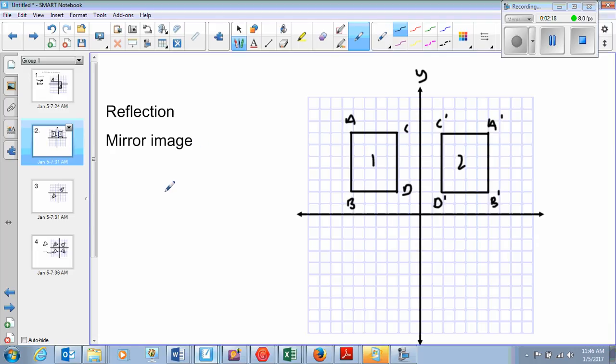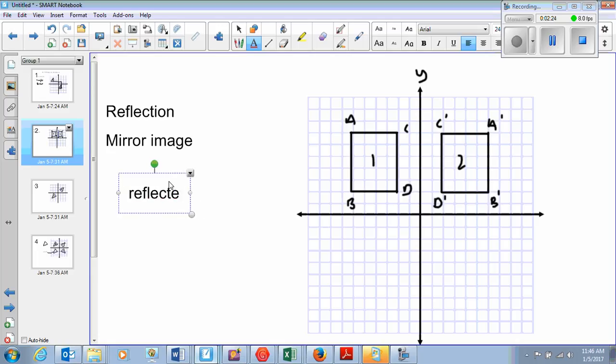So how we'd answer a question like this, we'd say shape 1 was reflected across the y-axis. If our image had been down here and it was the same type of situation, we'd say it was reflected across the x-axis. It just depends on which axis we're using as our mirror.